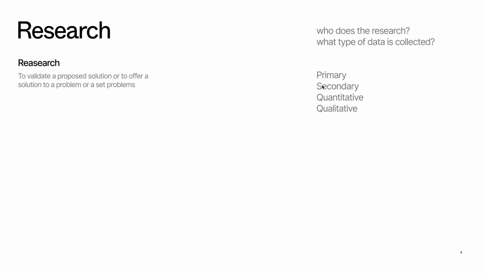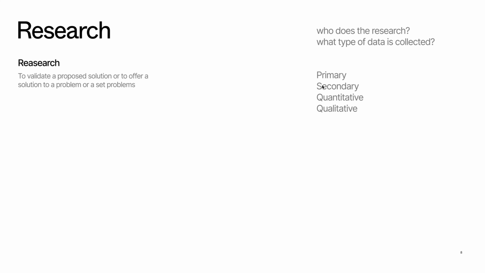The first thing about who does the research is that it is divided into primary research and secondary research. Primary research is research that you do yourself, directly. An example would be a user interview. If you write down your questions and you conduct a user interview, that is primary research because it was done by you.